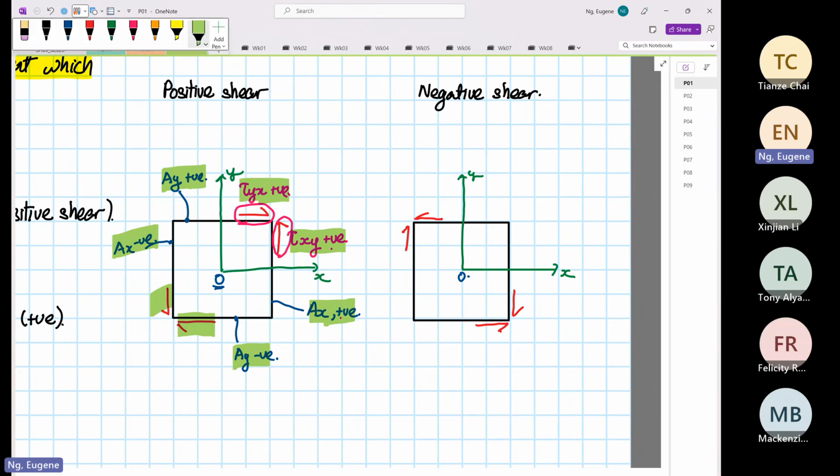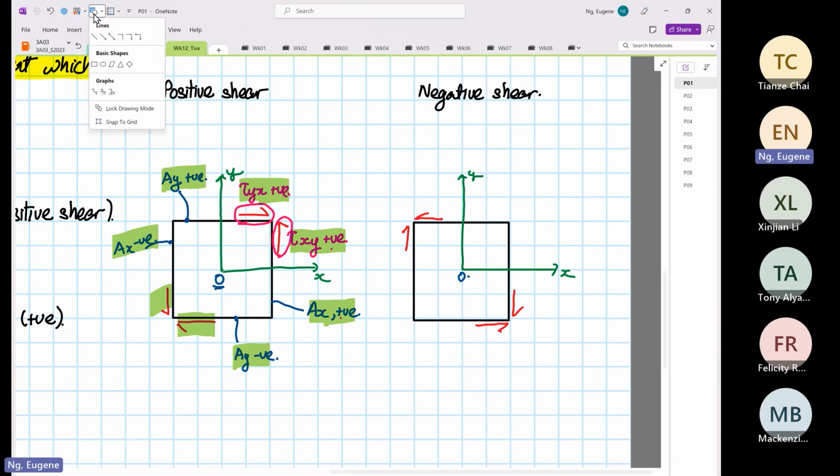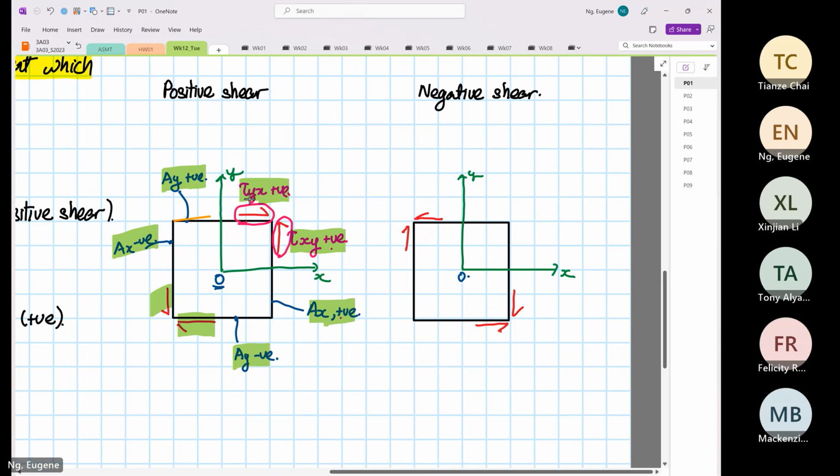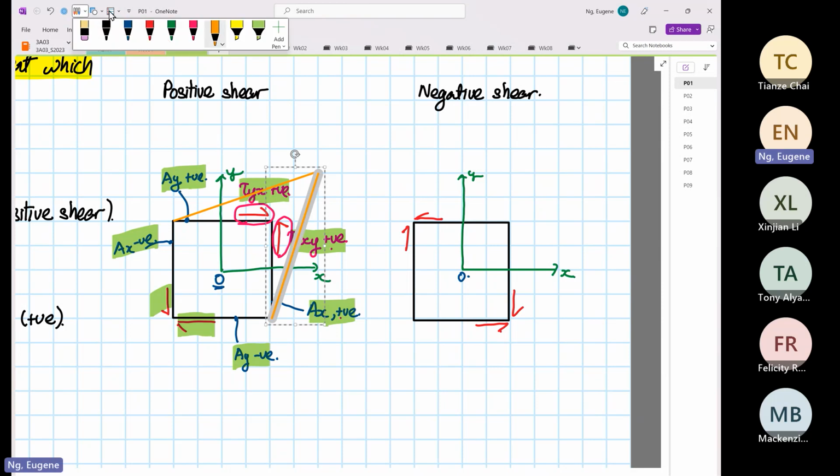And then in terms of positive shear, I'm going to sketch the deformation pattern. This is how the deformation pattern will look like for positive shear. I'm drawing in orange. That is how the deformation pattern will look like.